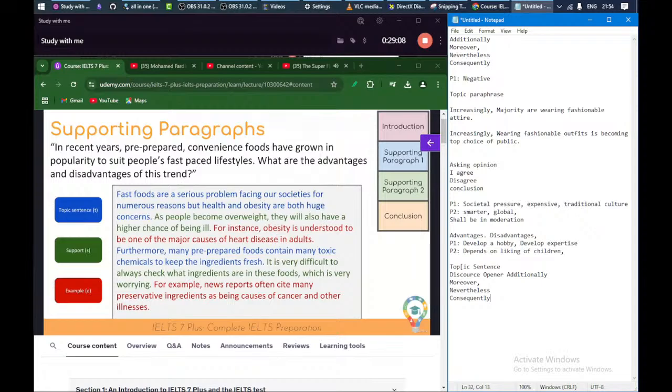We'll talk about more examples and other words that we can use. It's often found in those higher scoring IELTS writing essays, so really useful there too.